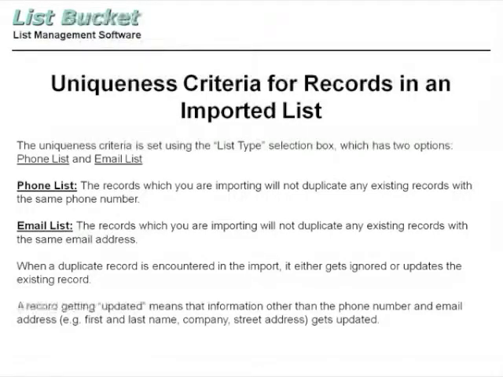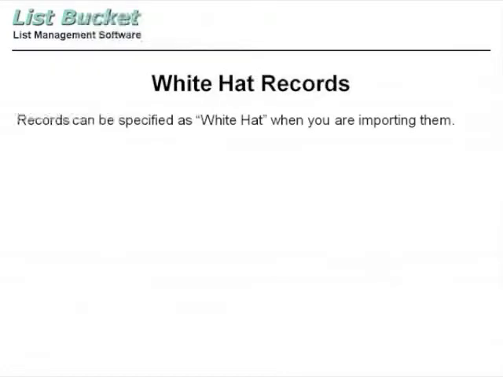When we say a record gets updated, what we mean is that the information other than the phone number and email address, things such as the first and last name, the company name, and the street address, get updated. We will explain shortly how the application decides when a record gets updated from the information from the file and when it does not.